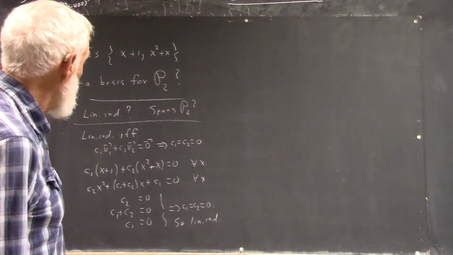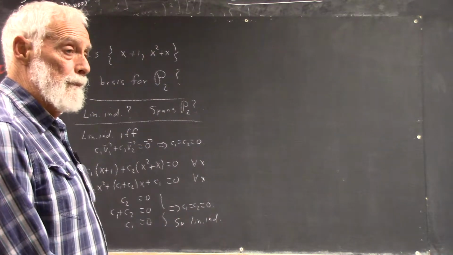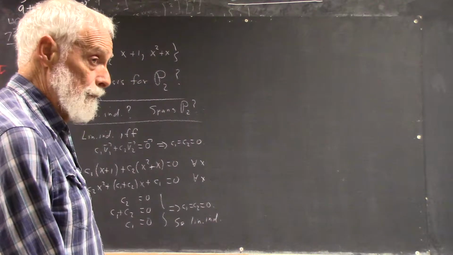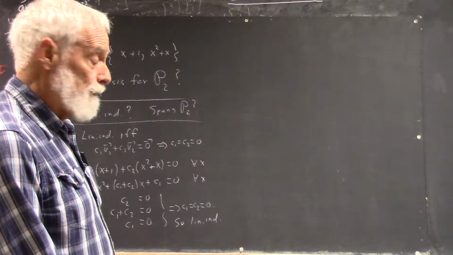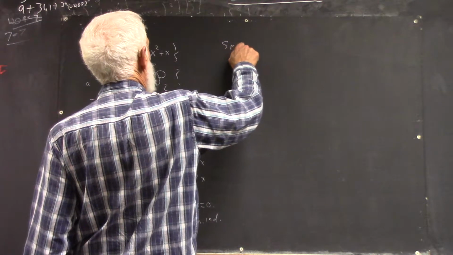So we've established linear independence. Okay? Now, how do we prove that it spans P2? What do we have to show? That any arbitrary polynomial in P2 can be expressed as a combination of those two functions. Exactly.